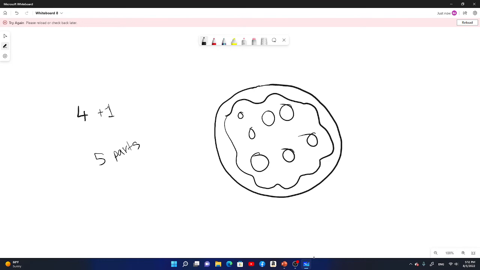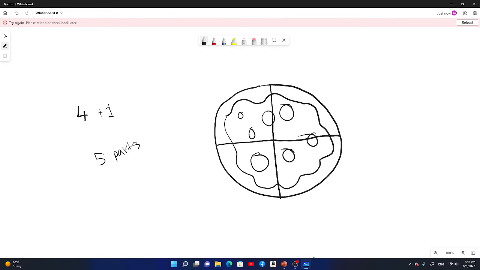So what you have to do is split it into 5 parts. So I do this 1, 2, and make sure to do it equally.